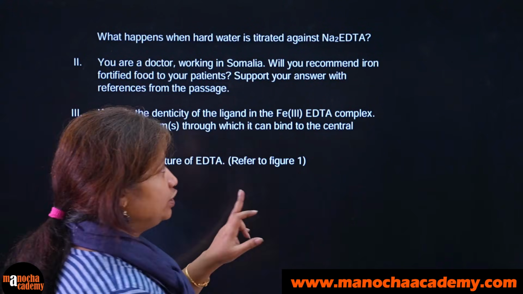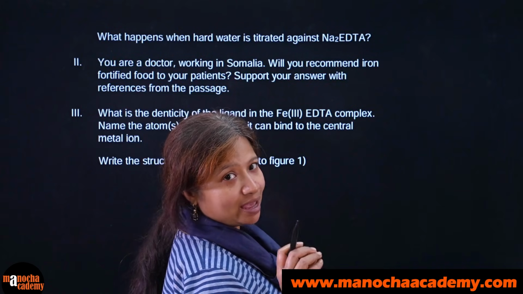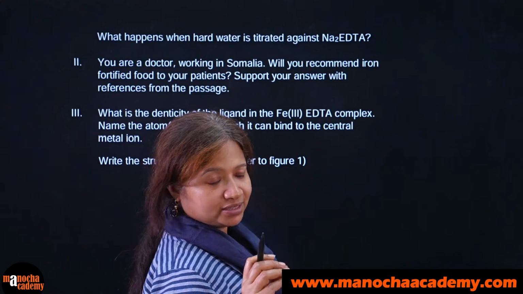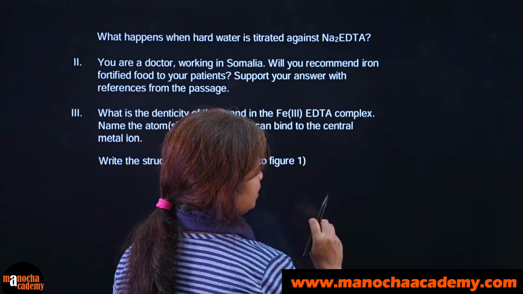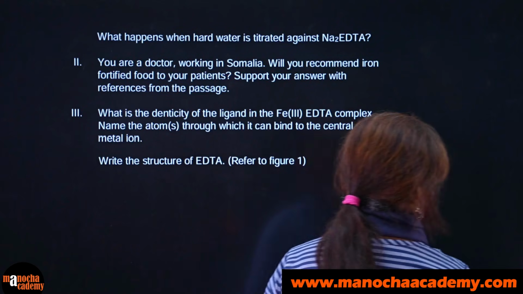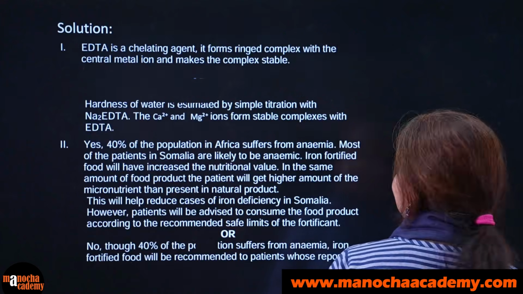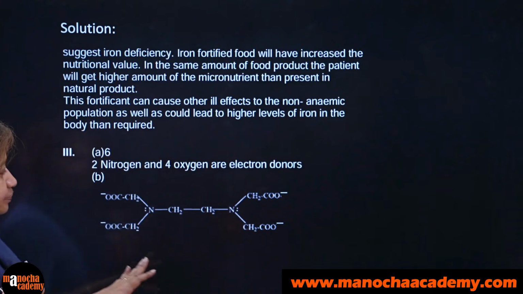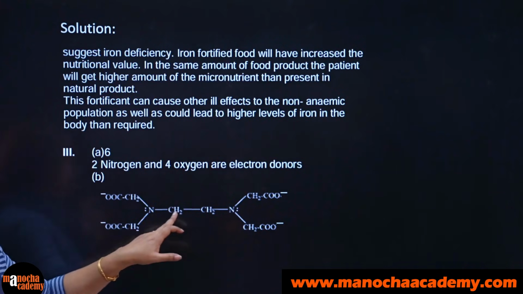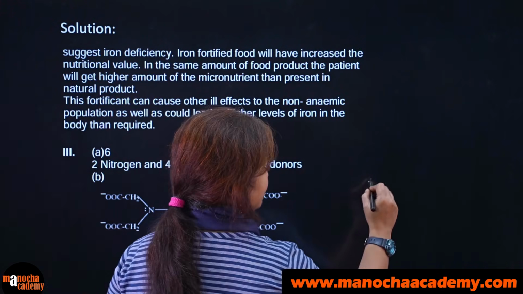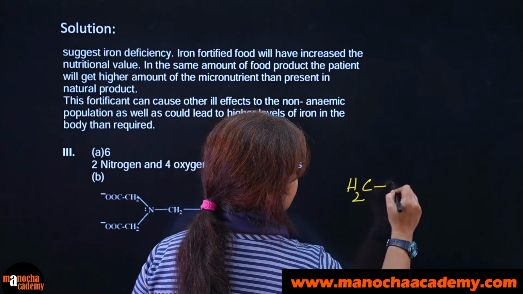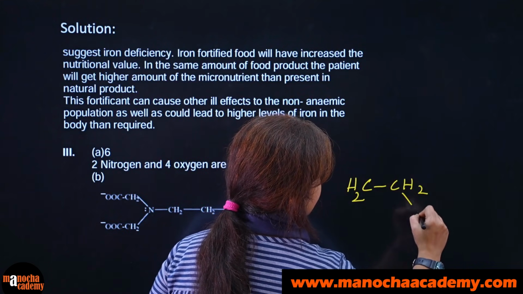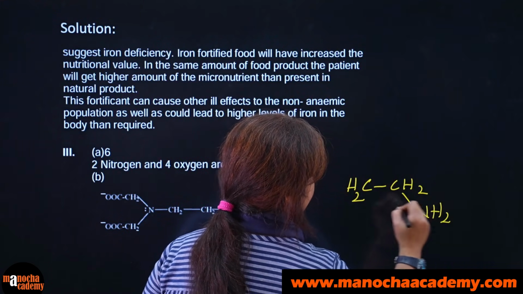EDTA structure you need to know. Ethylene diamine tetraacetate, isn't it? So ethylene diamine tetraacetate is the structure. I'll show you here. Ethylene diamine is this, CH2, CH2, NH2, NH2.